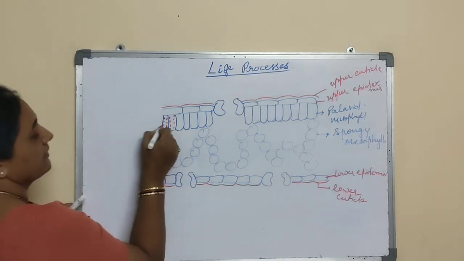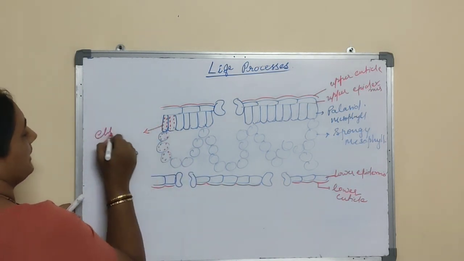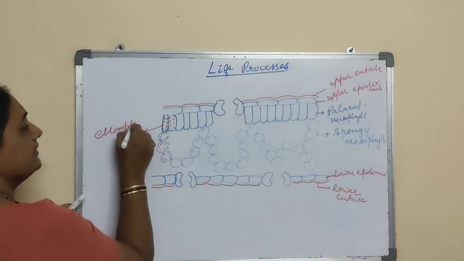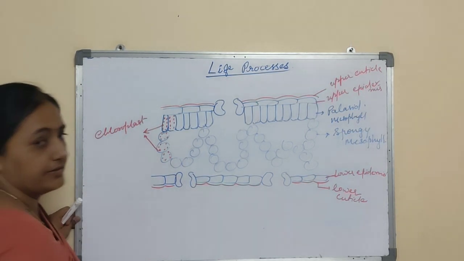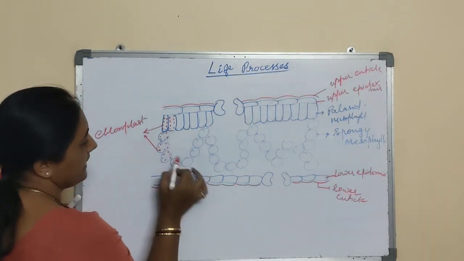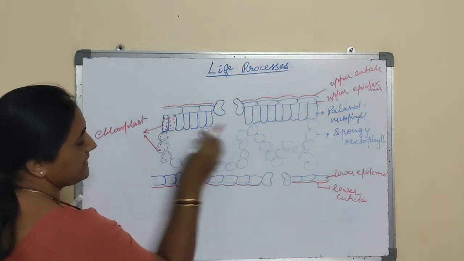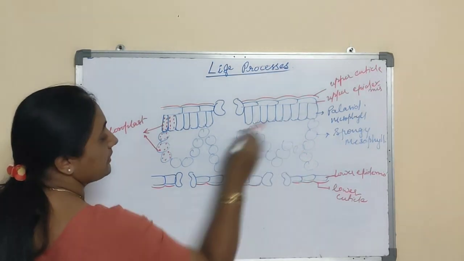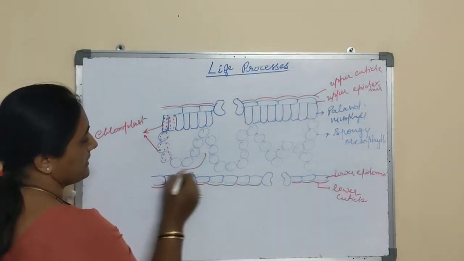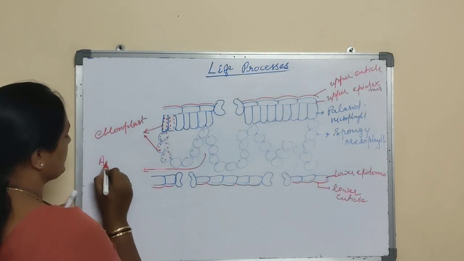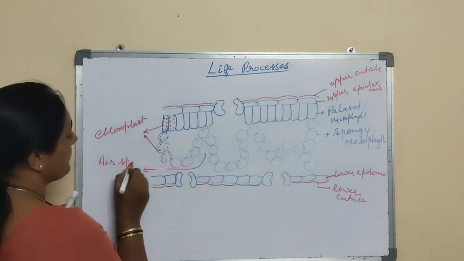So this is the chloroplast, and inside this chloroplast the pigment chlorophyll is present. The area between the cells has some space, which is called air space or air chambers.